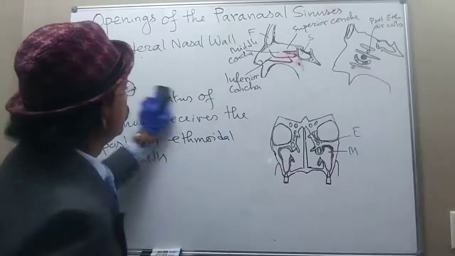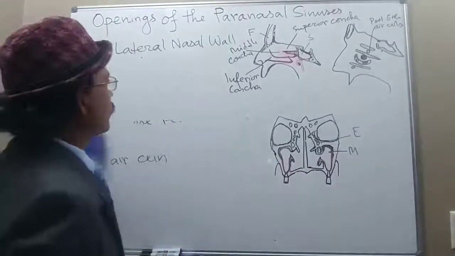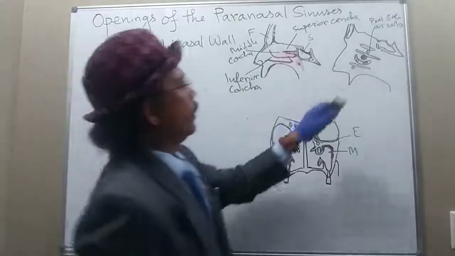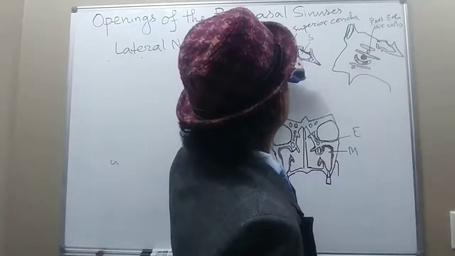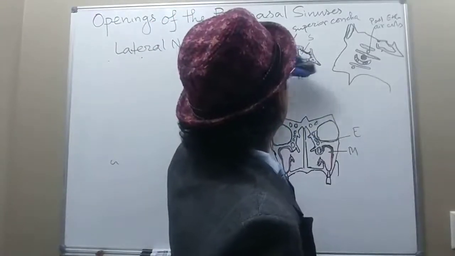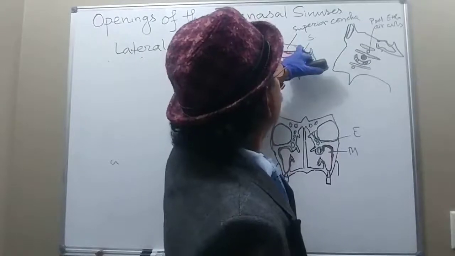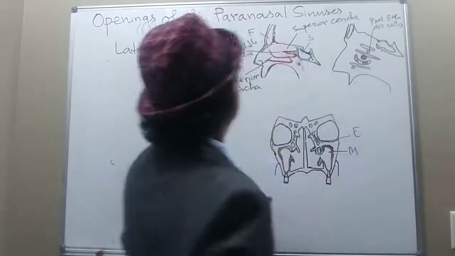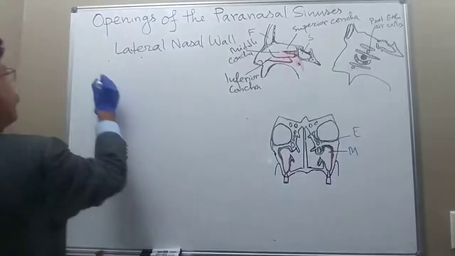Now we go to the area just above the superior concha and in front of the sphenoidal bone. That is called the sphenoethmoidal recess.